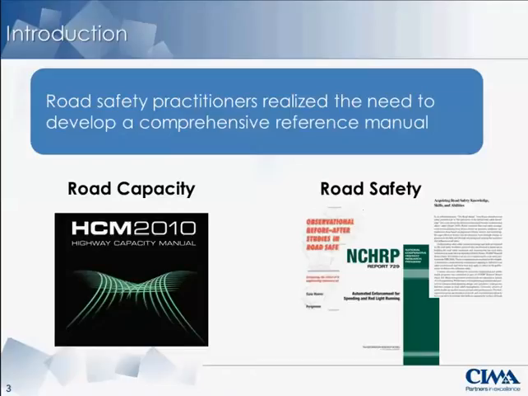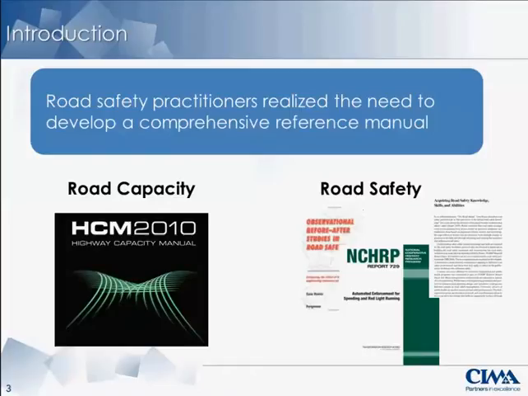And it evolved into a document that is a multi-volume document right now. And some of the materials are also on the web in the 2010 volume. The traffic engineers are very familiar with the Highway Capacity Manual, and practitioners have been using this manual as the Bible for all of the traffic engineering related problems.